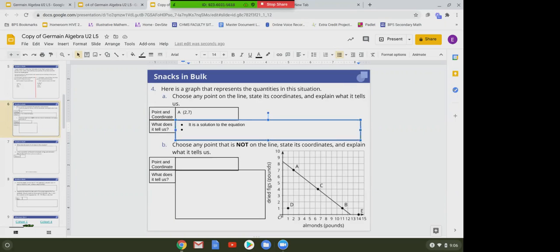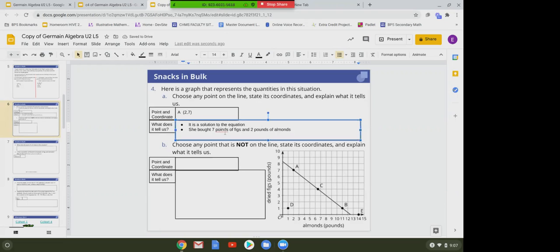Okay. Go ahead. She bought 7 pounds of figs and 2 pounds of almonds. And what's that last piece? Is equal to 75.